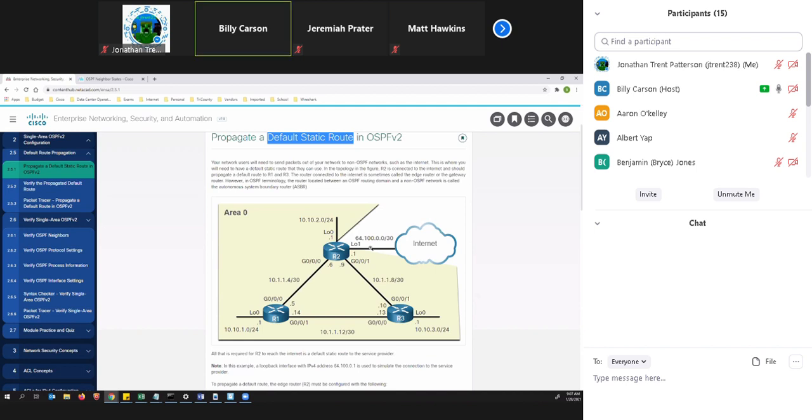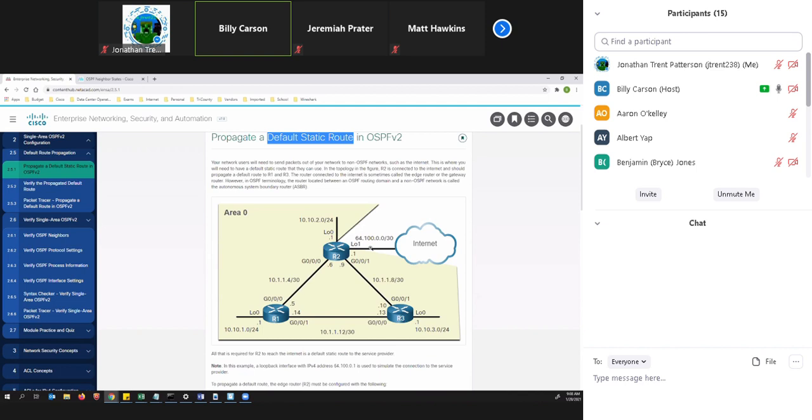And on IPv4, how do we know it's a default? There was a symbol next to it. The star symbol, exactly. You had that little star symbol there. What's the administrative distance for a static route? 1. That's exactly right. So when it's going down the routing table, if it comes to OSPF and a static route for the way we want to go, which one is it going to pick?